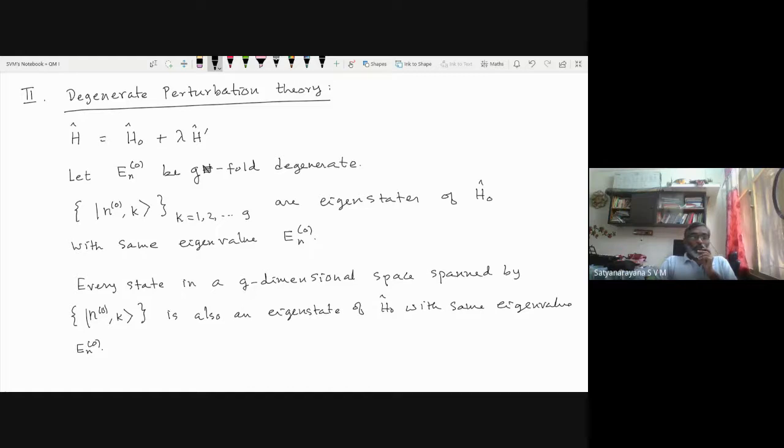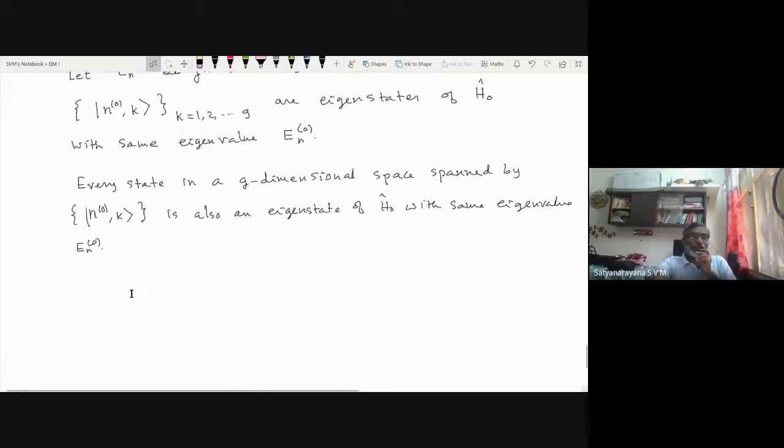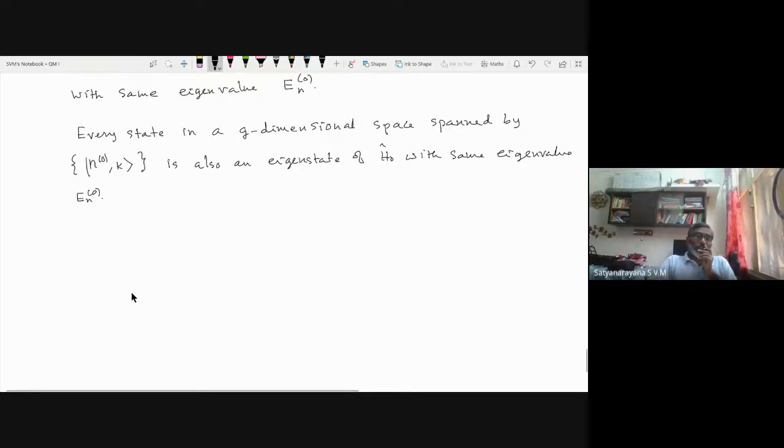Now you can see the situation is something like this. There is a degenerate subspace, correct? The space of states spanned by these is a degenerate subspace. Let us call this Vg, which is equal to the span of these vectors n0 comma k.